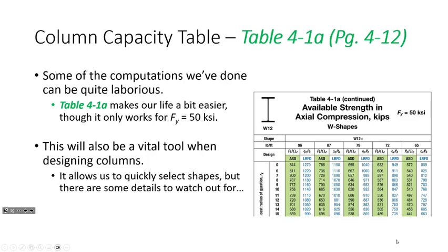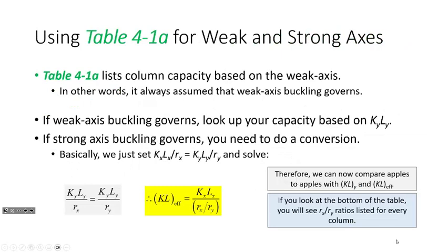What's the problem with that? We just did a problem 5 minutes ago where the strong axis governs. So how do we use this table when we are looking at sections where the strong axis governs? Here's how. We set those two values equal to one another, and we solve for an effective KL about the y-axis. So basically we're saying Kx Lx over Rx equals Ky Ly over Ry.